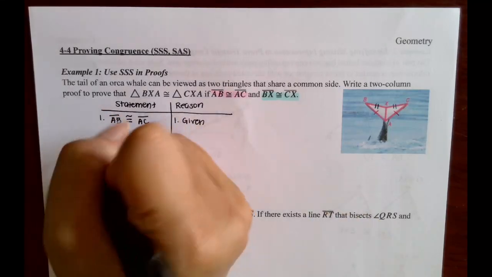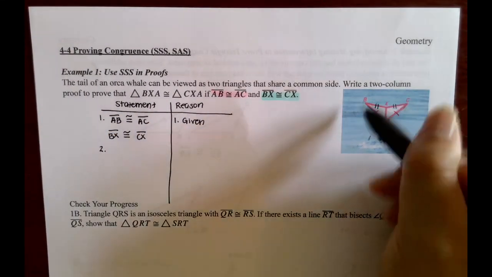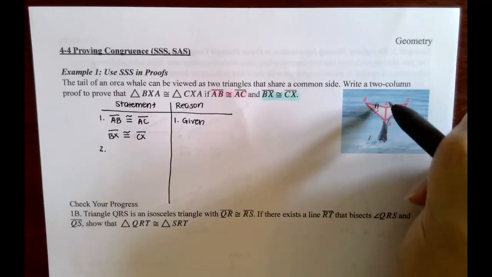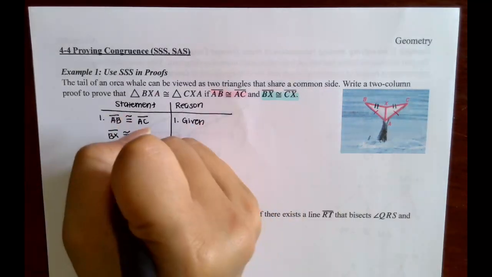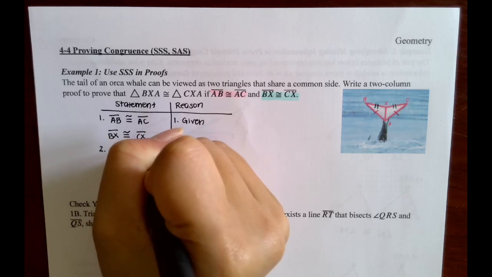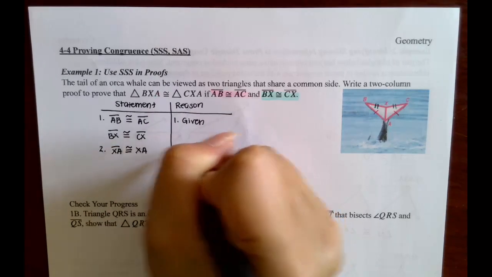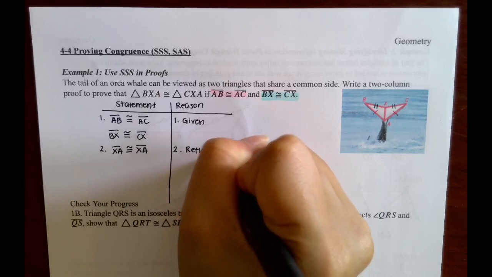Okay, then second, what I can notice based off of this is that as it says, it shares a common side. So here I can prove that this is congruent, and so XA is going to be congruent to itself, and the reason for that is because of the reflexive property.